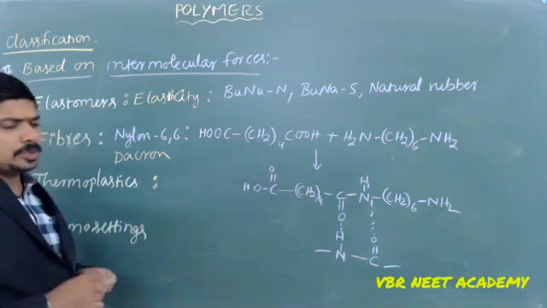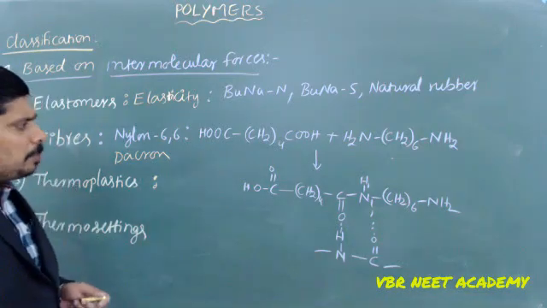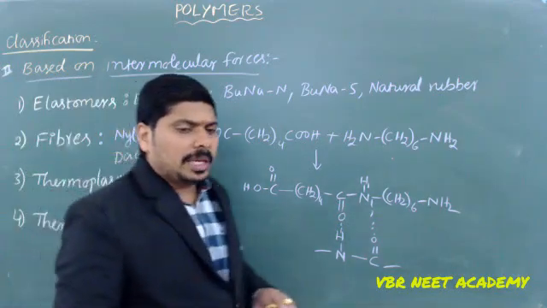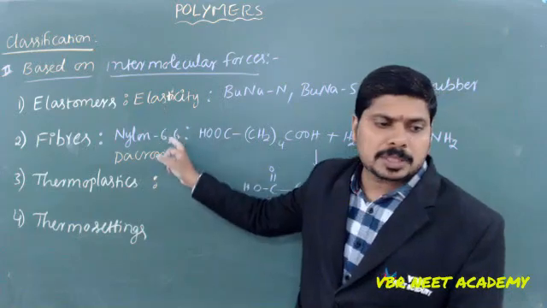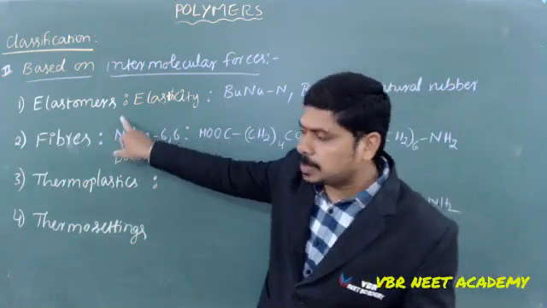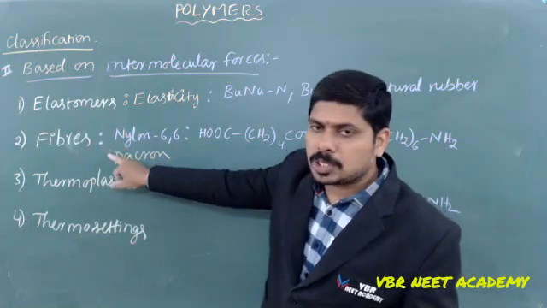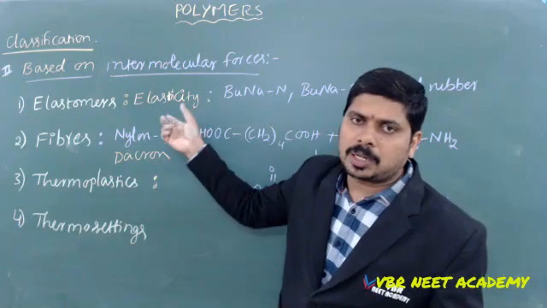Next, coming to the thermoplastics. Thermoplastics are going to have intermediate intermolecular forces between elastomers and fibers. How much intermolecular force is there for elastomers and how much for fibers? In between, they will show their intermolecular forces.